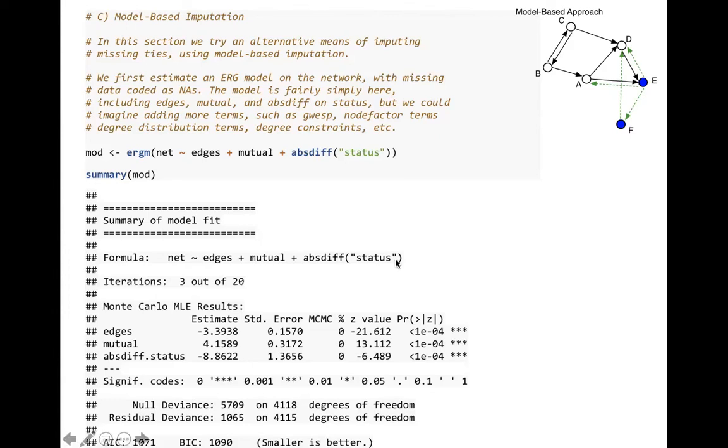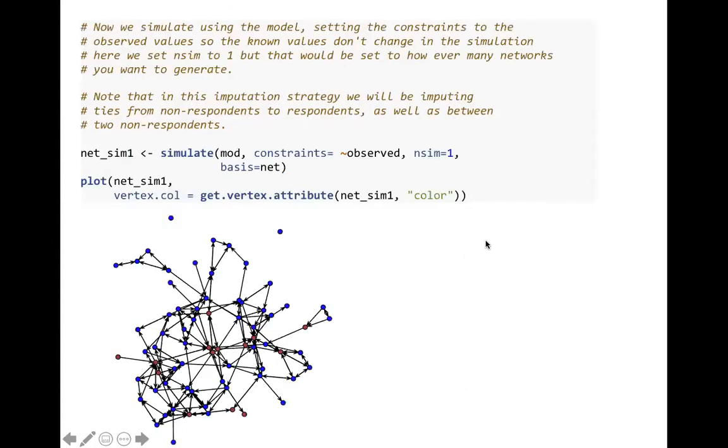That's intuitive. Where an edge would become reciprocal and the status between them is pretty close, we should be more likely to impute that edge when we actually do the imputation, which is what we do right here.